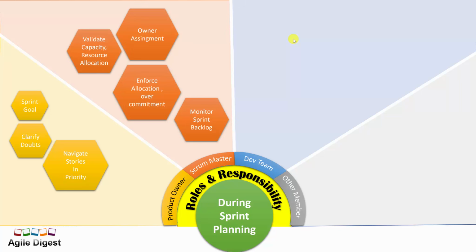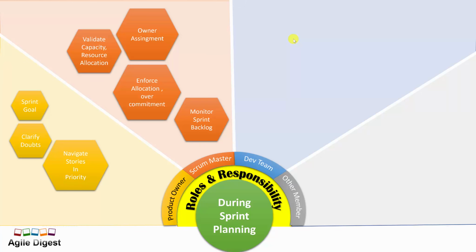What does the Scrum Master do? At the time of sprint planning, the Scrum Master validates the capacity and resource allocation. We'll look into that in much more detail during the rest of the course. The Scrum Master also ensures that all the stories are assigned to an owner. Here, this owner is not who will be working on that. Normally we assign one owner to each story who takes the responsibility of demonstrating that.